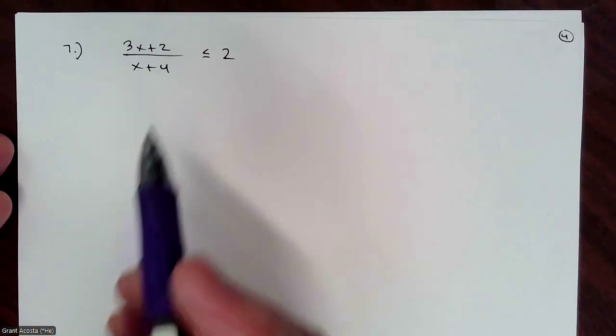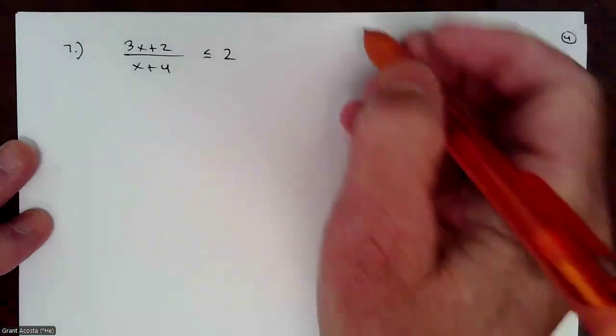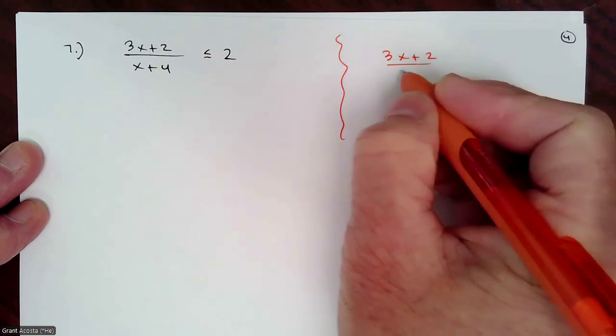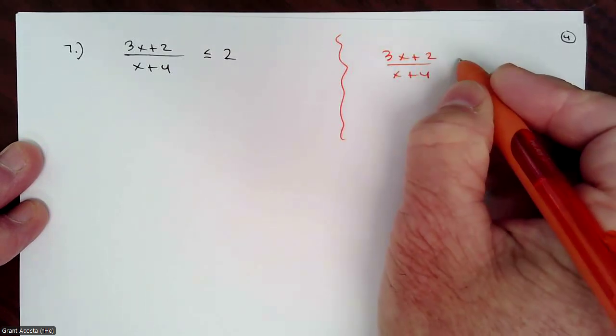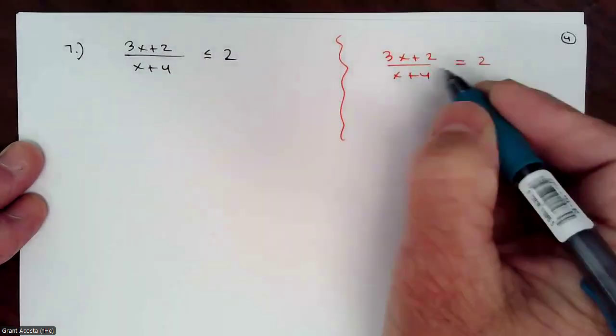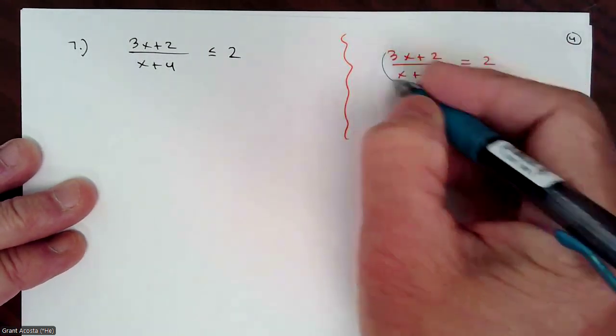A couple more here. Now, this is another dangerous place in terms of how we go about solving it. Because if I had the equation (3x plus 2) over (x plus 4) equals 2, I think the best way to solve it would be to either cross multiply, something we've talked about before, or just multiply by the common denominator, which is just x plus 4.